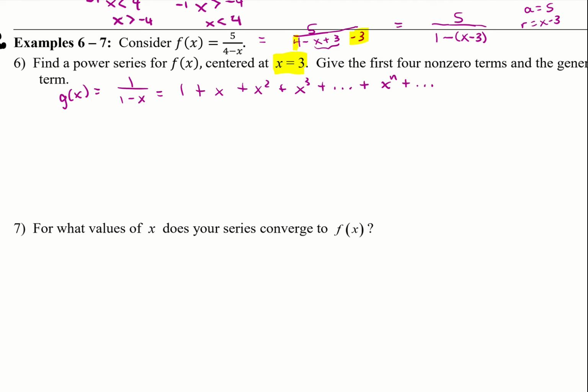So how are we going to manipulate this? Well, on the numerator, instead of a 1, we have a 5. So for f of x, I'm going to take g of x and multiply it by 5. And then my input, instead of just being x, is now the quantity x minus 3.